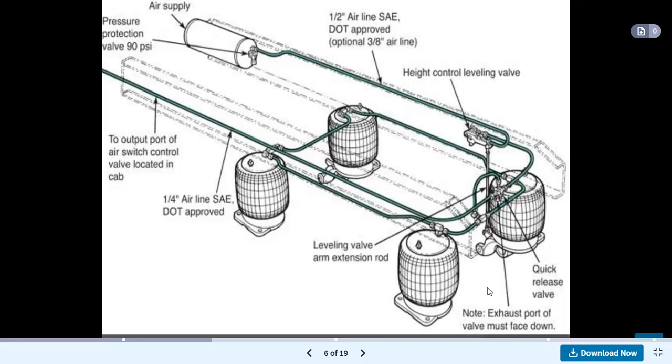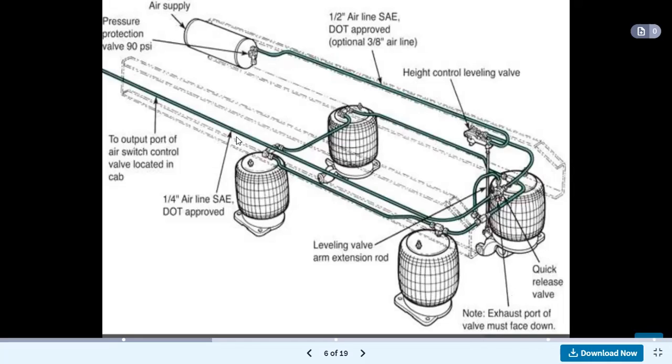So 4 pipes are there. Then this is called the quick release valve. The exhaust port of the valve must face down, in the downward direction. Then there is the leveling valve arm extension rod.